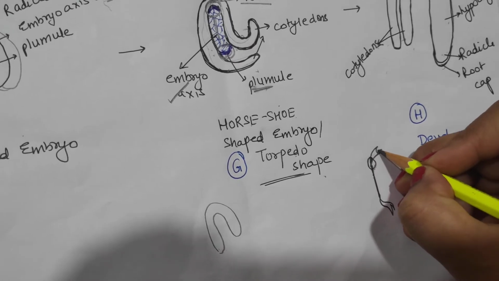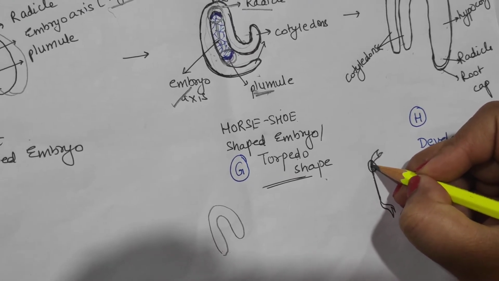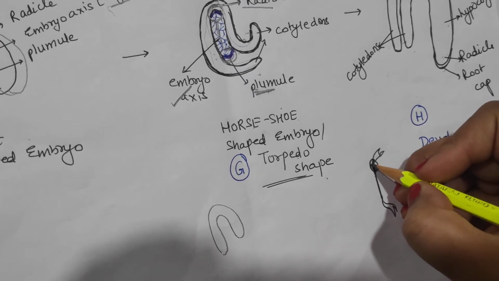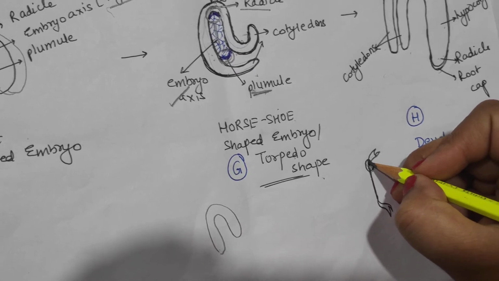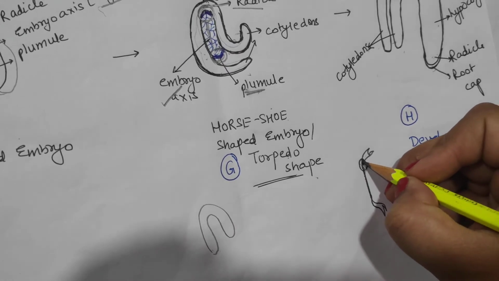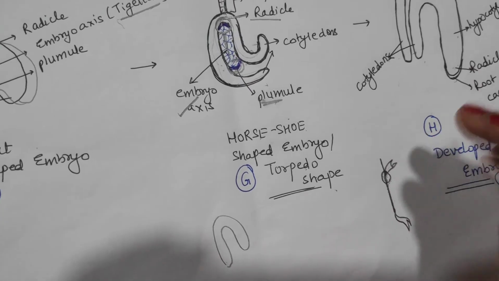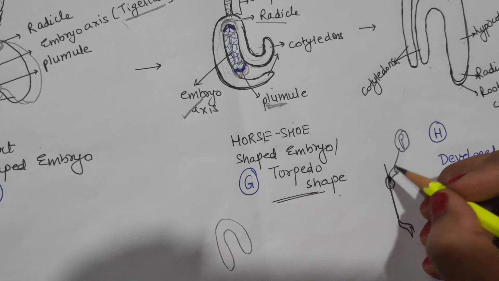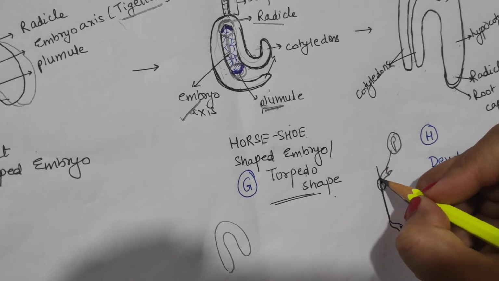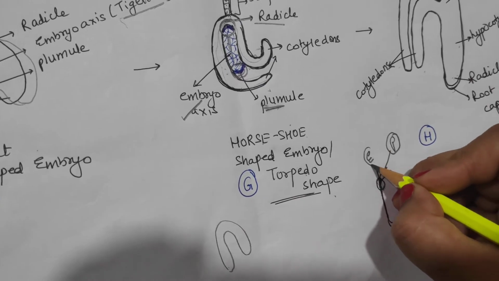Sorry, this is plumule. I'm very sorry, this is plumule. So the extension of the embryonal axis just below the plumule is called epicotyl.